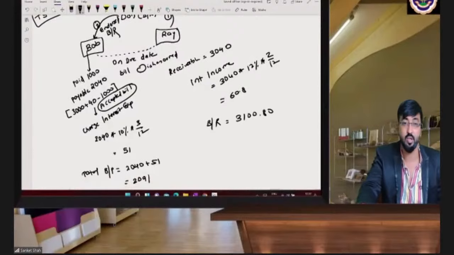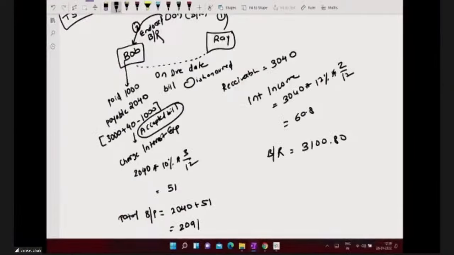You can take a screenshot. This question is tricky, but not difficult. One is interest expenditure and the second is interest income for us.